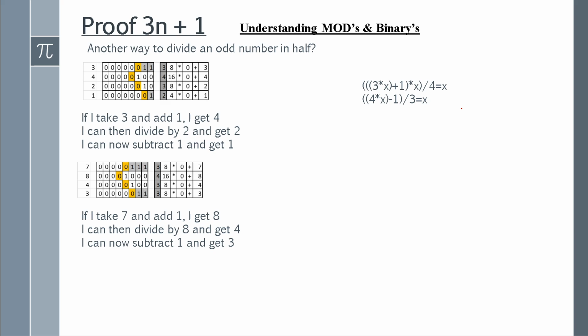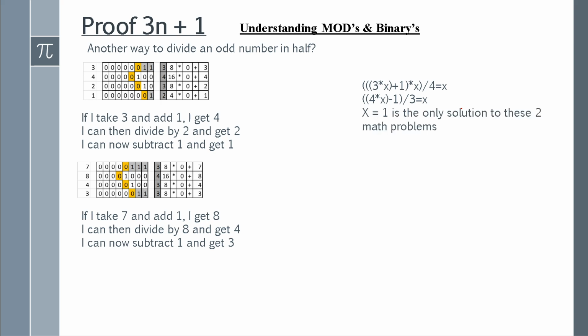And so I've taken both of those formulas, put them together, and I'm doing it both ways. So I'm starting at 1 and going to multiply it by 4, and then subtract 1, divide by 3.